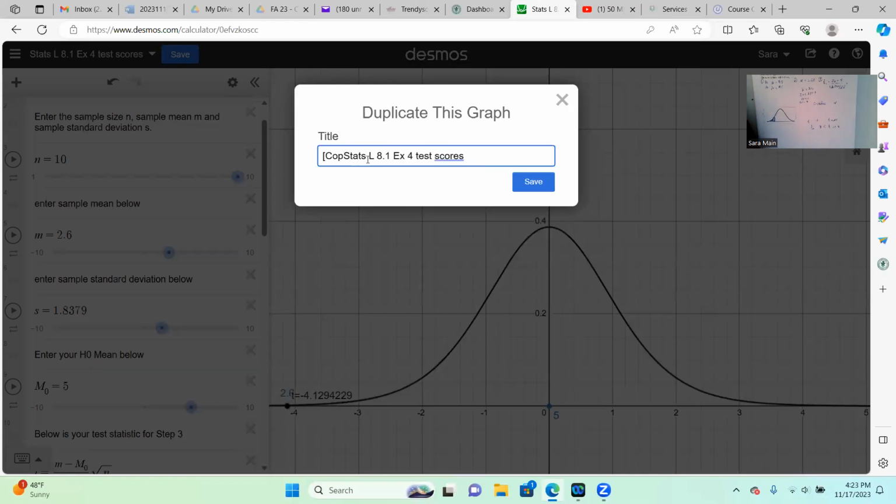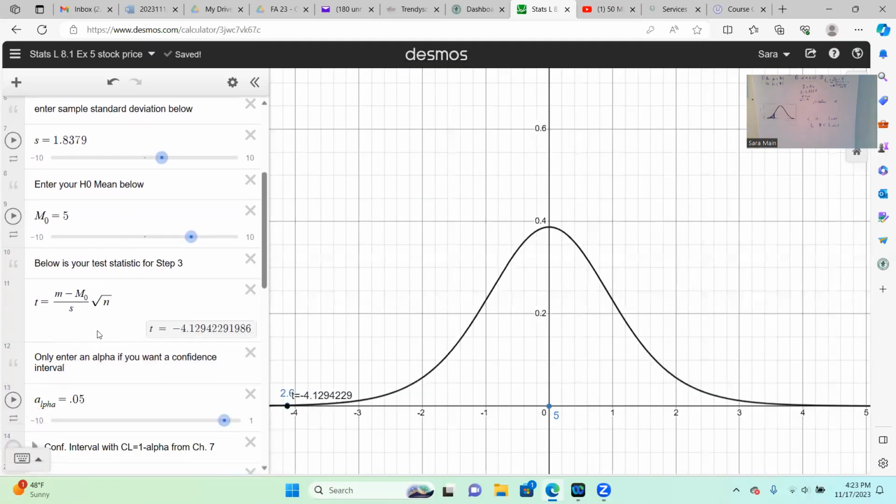And I am saving this for you all here. And this is the stock price. And there is our test statistic. It comes out to be a negative 4.129.